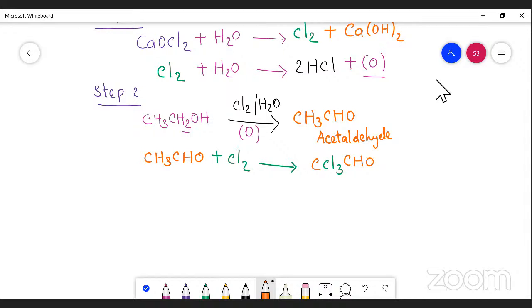Let us balance this. We take 3 chlorine molecules, and 3 chlorine molecules react with this acetaldehyde molecule. Then we get trichloroacetaldehyde.